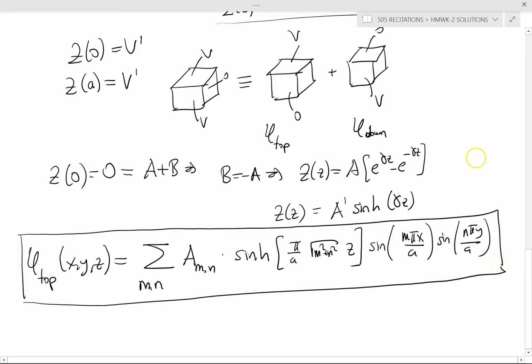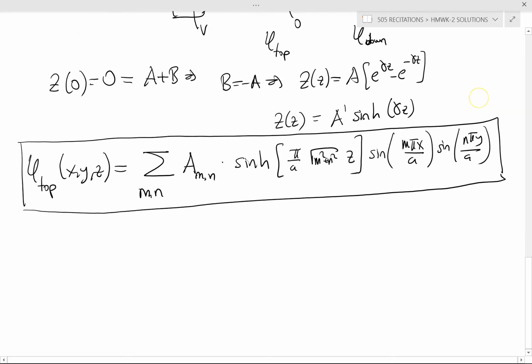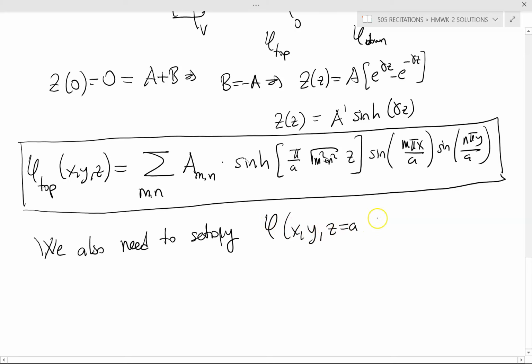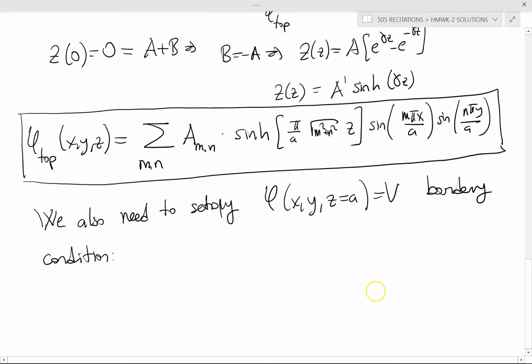Are we done here? No, as I told you, we also need to satisfy psi(x,y,z=a) equal to V boundary condition. How can we do this, given that the general form of the solution is this?